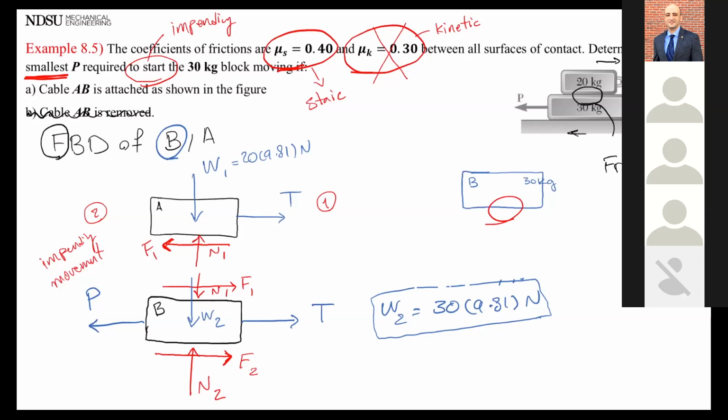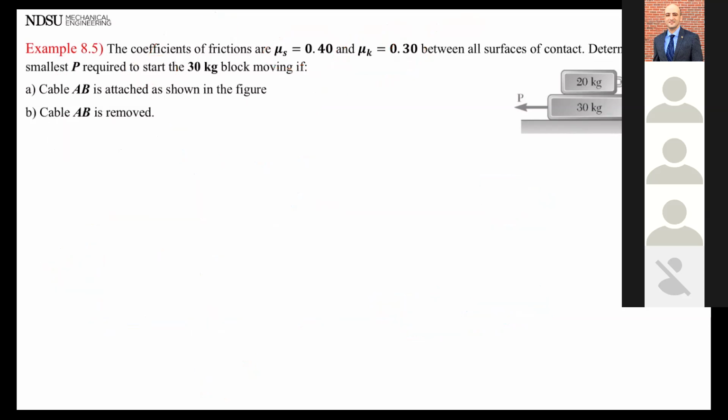A couple of points to remember. Every time you have surfaces that are sliding, slipping, rubbing, any of those in relation to each other, you always have a normal force, which is perpendicular to the surface.